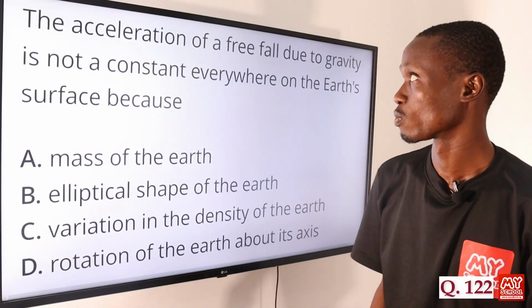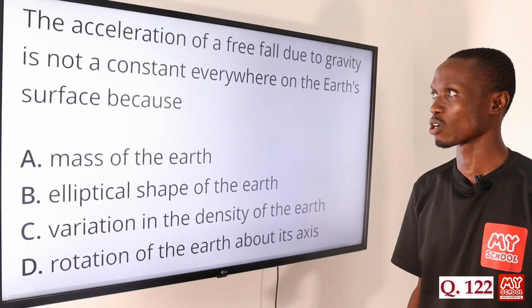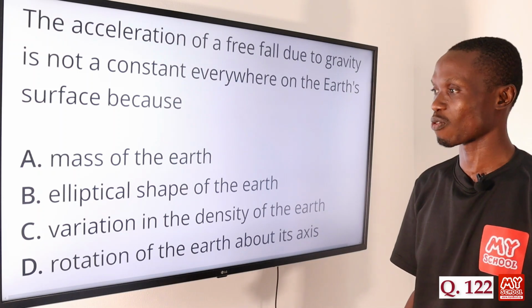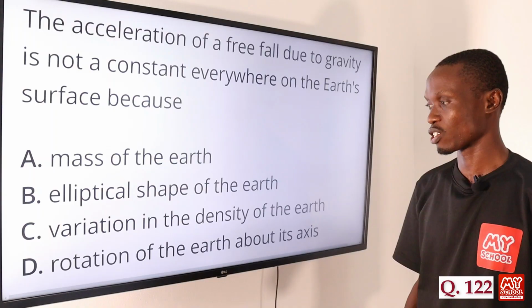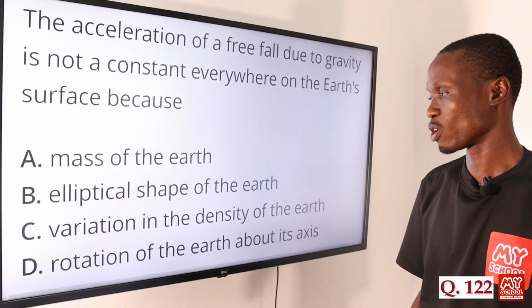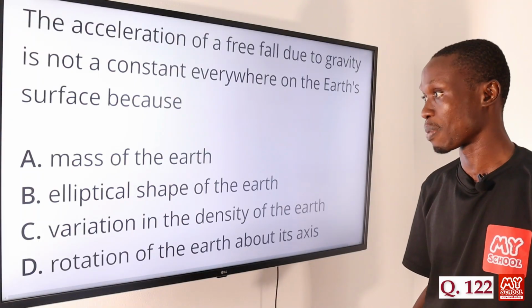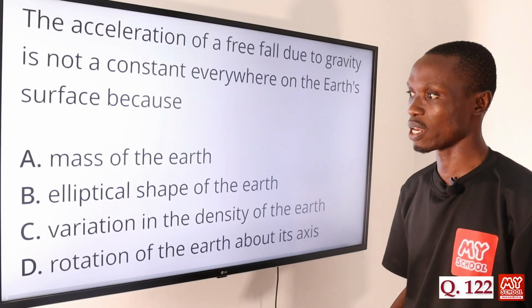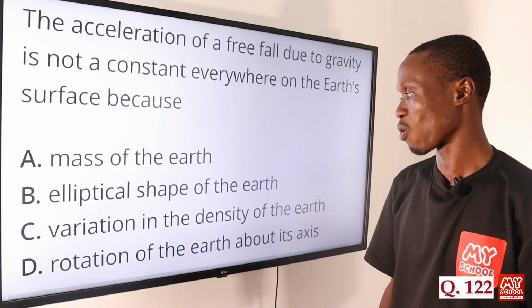Question 122. The acceleration of free fall due to gravity is not a constant everywhere on the Earth's surface because A, mass of the Earth, B, elliptical shape of the Earth, C, variation in the density of the Earth, and D, rotation of the Earth about its axis. So the answer to this question is option B, elliptical shape of the Earth.